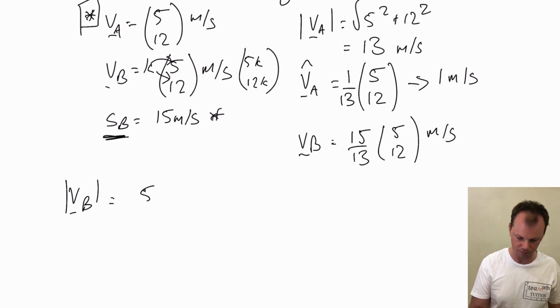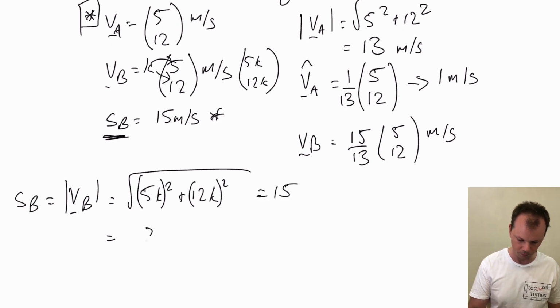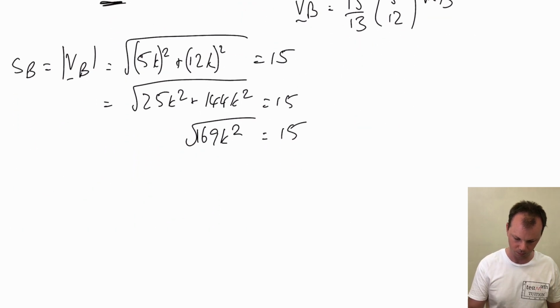So this is my magnitude, which is the same as my speed of B. I know that's equal to 15. So we've got the square root of 169k squared equals 15. k equals 15 on 13.